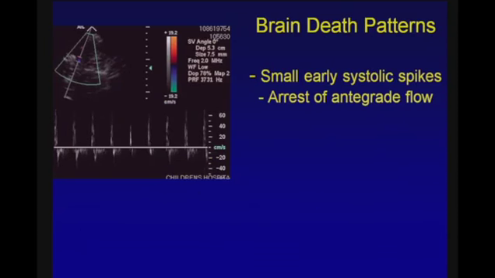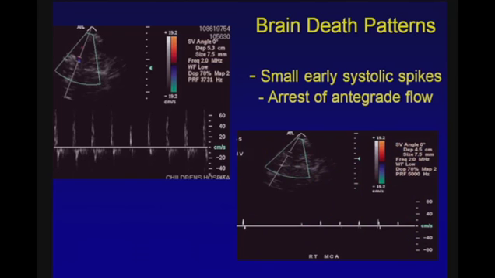So let's look at some brain death patterns. In these cases, you have very small early systolic spikes, so there is arrest of antegrade flow as well as reversal of diastolic flow. Here, there is virtually no flow documented in the intracranial vessels.